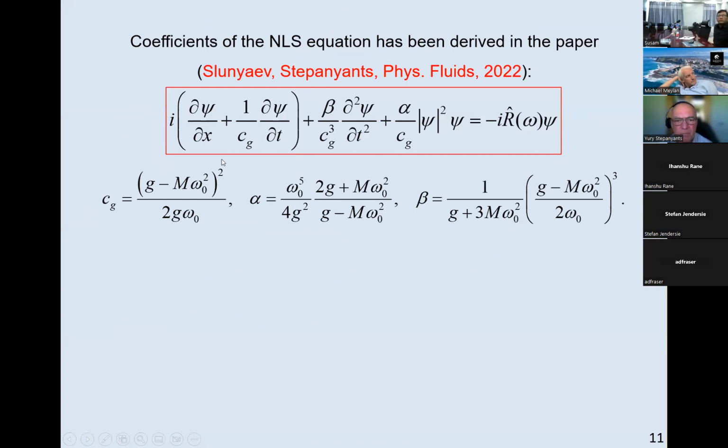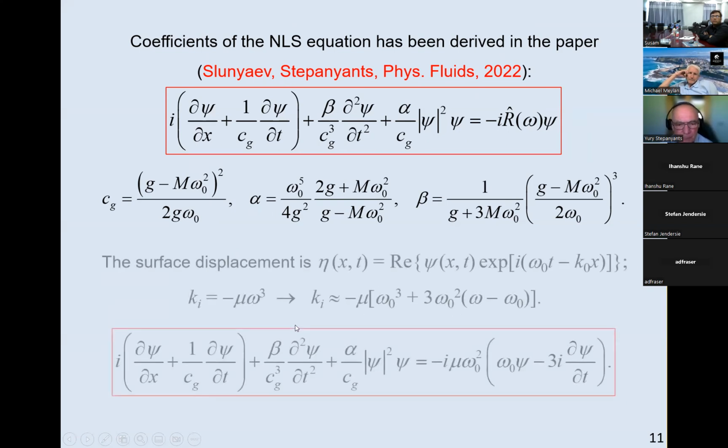By the way, the nonlinear Schrödinger equation for sea water covered by ice in general was derived in our paper in Physics of Fluids, and all these coefficients are shown here for the particular case when we have broken ice.